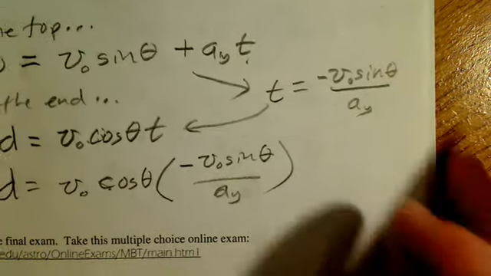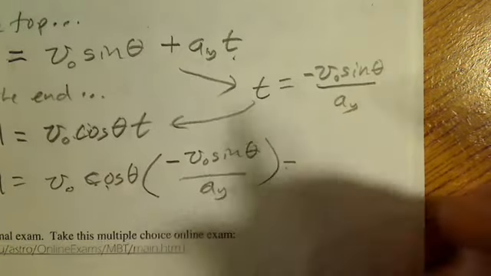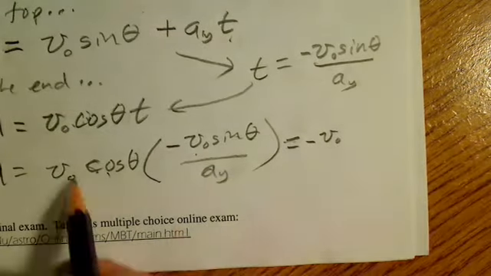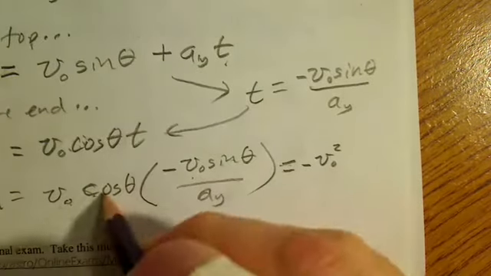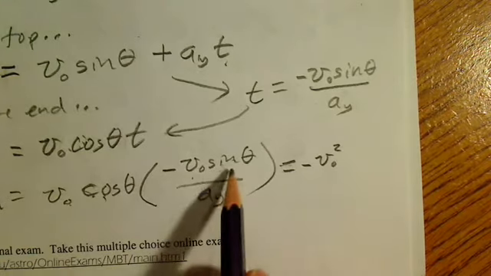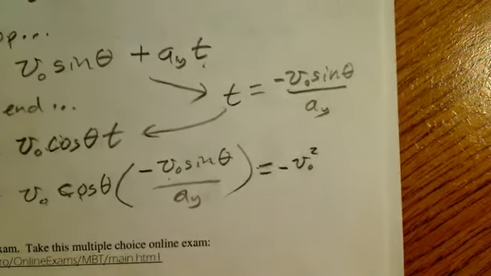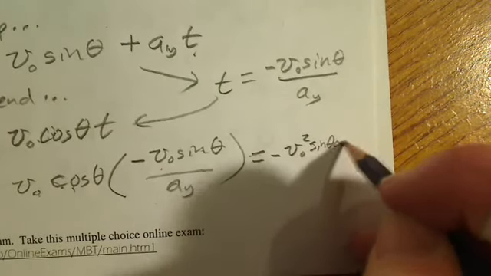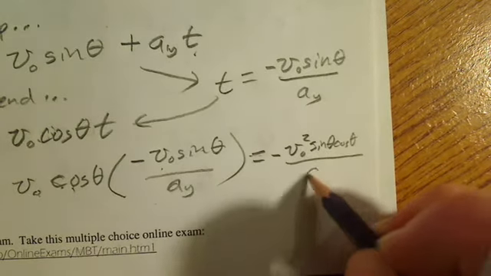I thought a sine over a cosine becomes a tangent, but no, I'm sorry, that's not sine over a cosine, is it? It's just sine times cosine. So this becomes negative v naught squared, sine theta, cosine theta, over a_y.